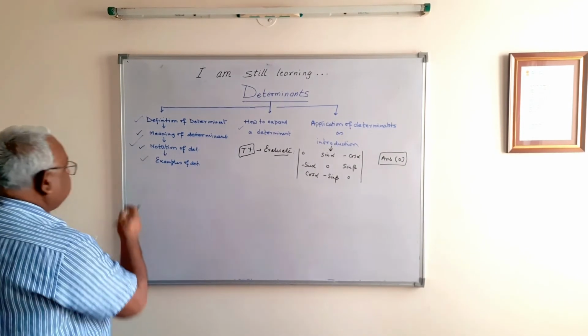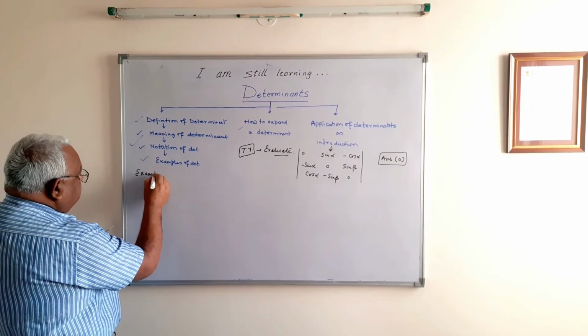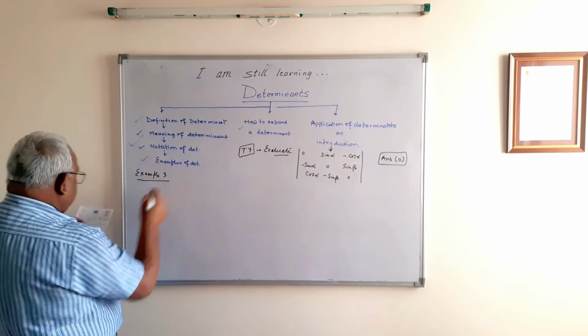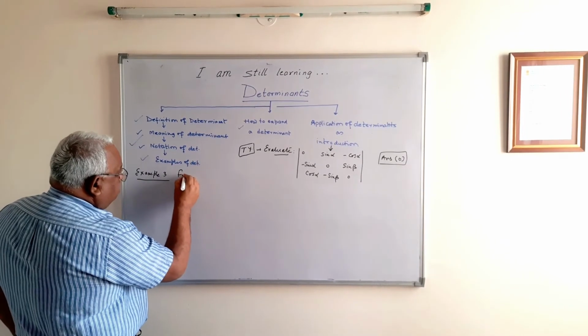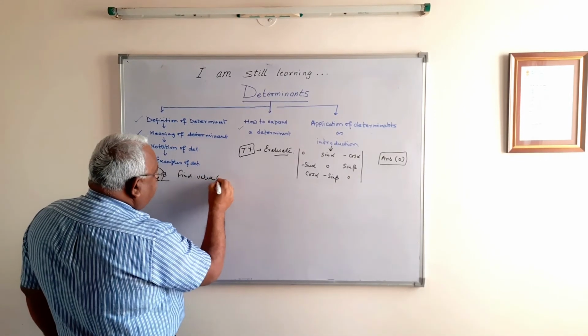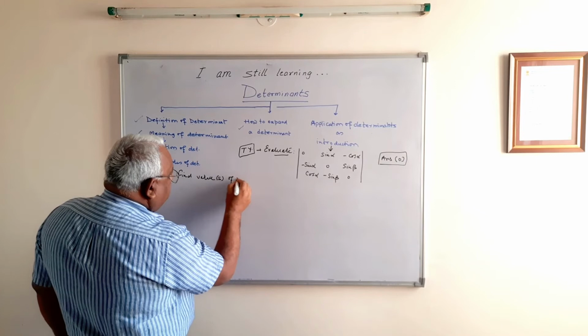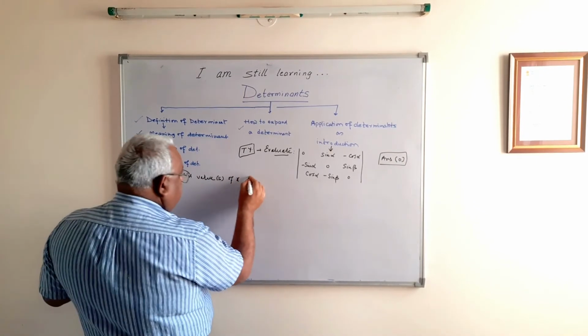Now let us come to the third example. Find the value, sometimes value or sometimes values, for which.